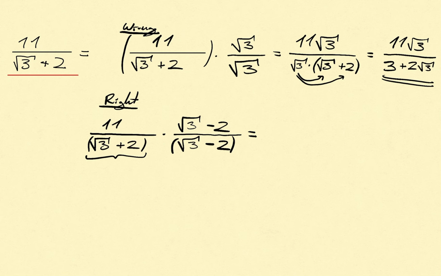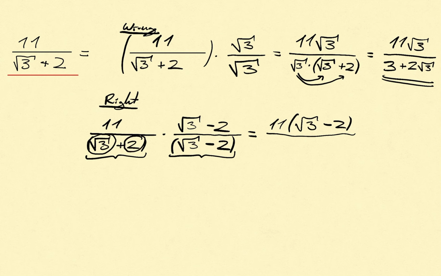Now, we should know also from high school that, first of all, let's write the denominator. So 11 times square root of 3 minus 2. If we multiply the same two numbers, one of them having a plus sign between them and the other having a minus sign, then what we're going to get is the first number squared minus the second number squared.